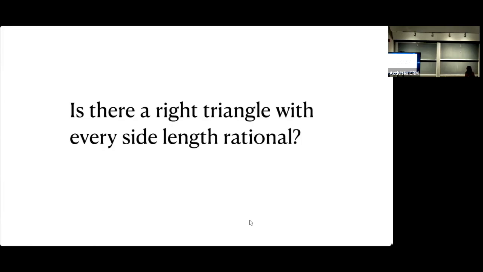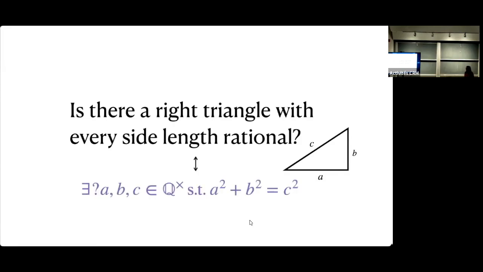Okay, so let's do this out. So we have our triangle with side lengths A, B, and C. We want each of those to be rational numbers, but then we know they can't be arbitrary because they form a triangle. We have the Pythagorean theorem that tells us that A squared plus B squared equals C squared. And not only is there one, but we also have infinitely many.